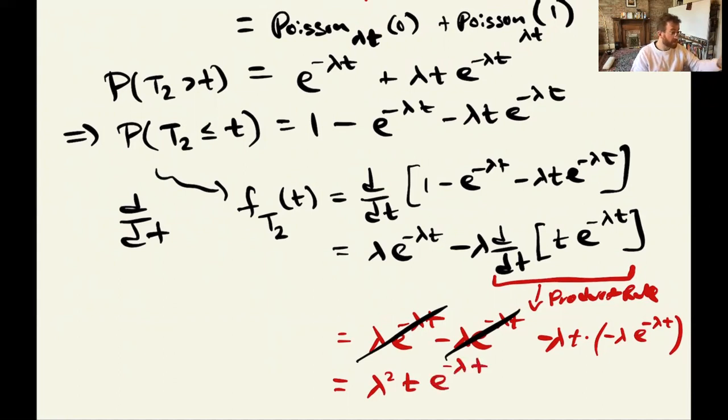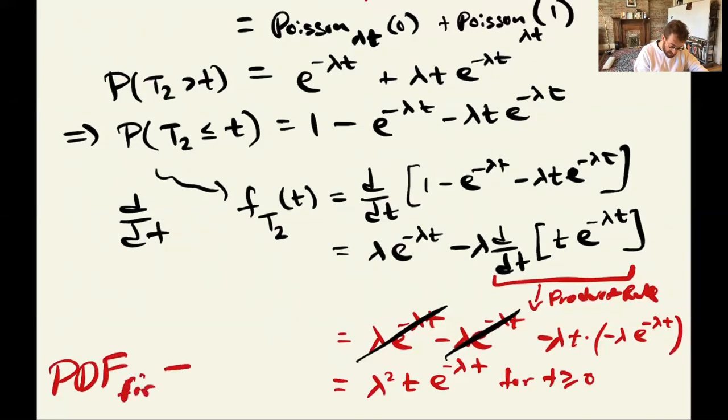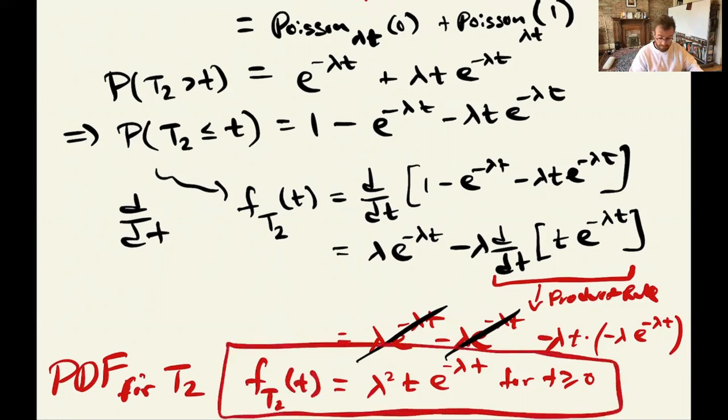Now let me make sure I didn't mess up anything. And yes, so that's right, for t greater than or equal to 0. So this is the PDF for t2. It says that f of t2 of t is equal to lambda squared t e to the minus lambda t.